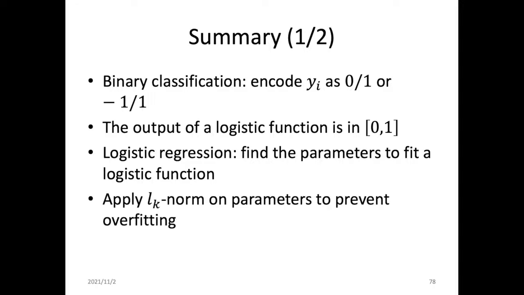And just like in linear regression, we apply the Lk norm on the parameters to prevent overfitting. We could use either gradient ascent or gradient descent to find the thetas. We use gradient ascent if we try to maximize the log likelihood function, which is equivalent to minimizing the negative log likelihood function, or the cross-entropy loss. In that case, we use gradient descent to find the theta.